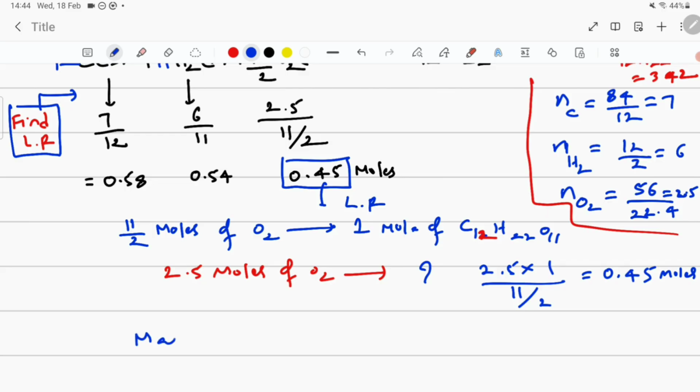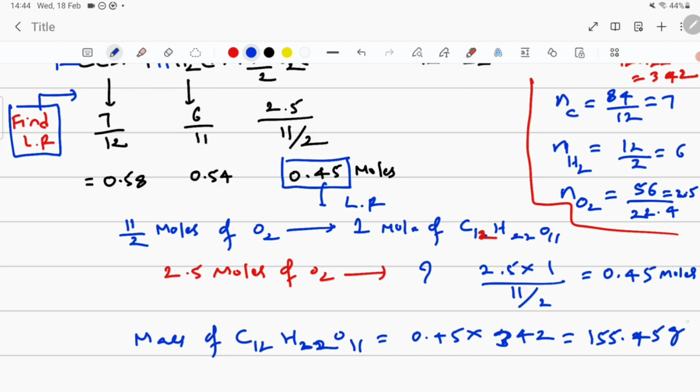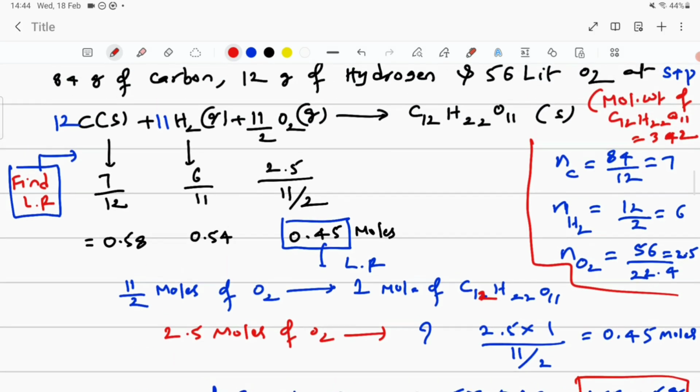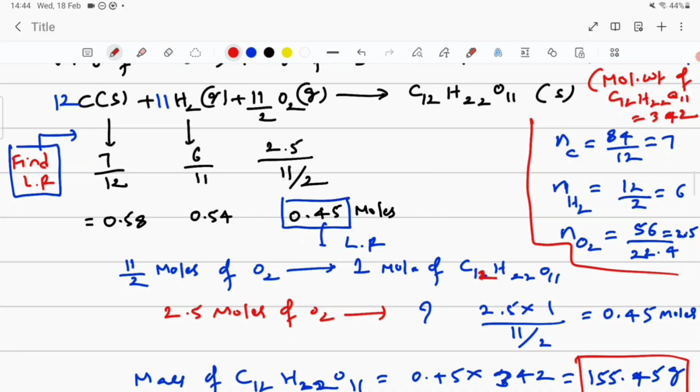Then mass of C12H22O11 is equal to 0.45 into 342, which is equal to 155.45 grams. The final answer is 155.45 grams. Once again, see here, mass of C12H22O11 is equal to 0.45 into 342, 155.45.